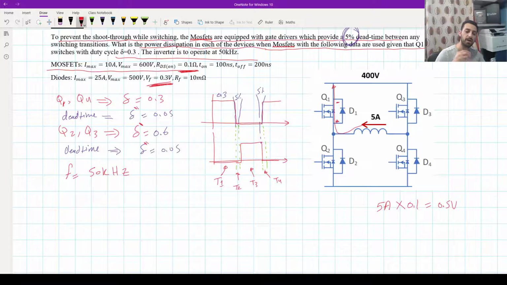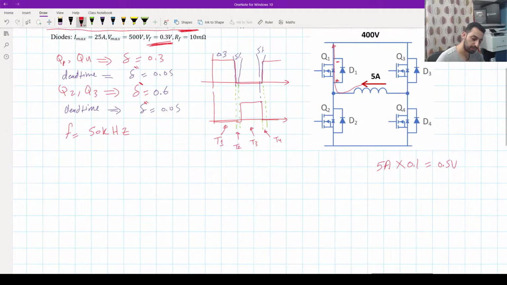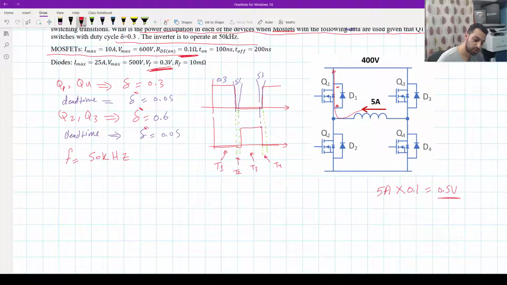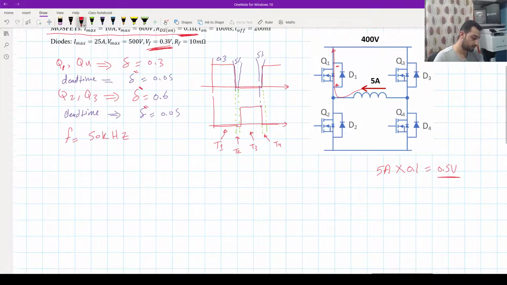That means in the first stage, Q1 will switch on, but the conduction will not be through Q1, it will be through the diode, D1. So 0.5 volt across that MOSFET will turn on the diode, and the conduction will be through the diode, not through the MOSFET. And that gives us more accuracy about how we calculate the conduction dissipation.